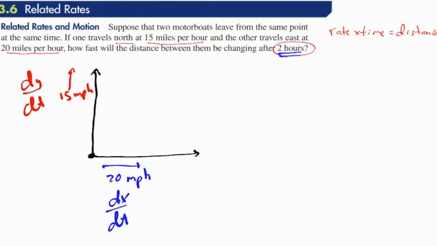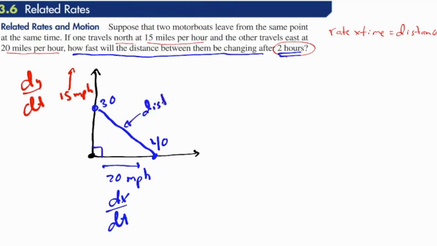But after 2 hours, we know that this boat is 30 miles north at 15 miles an hour, and the other boat is 40 miles east. And the question says, how fast is the distance between them changing? So now we have a hypotenuse that is changing. So we're going to say x squared plus y squared equals capital D squared for distance.